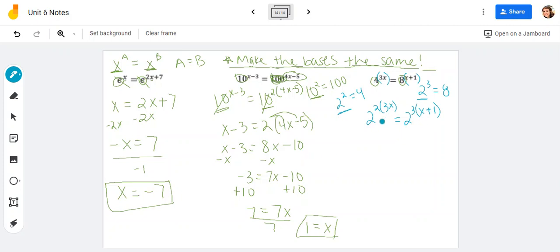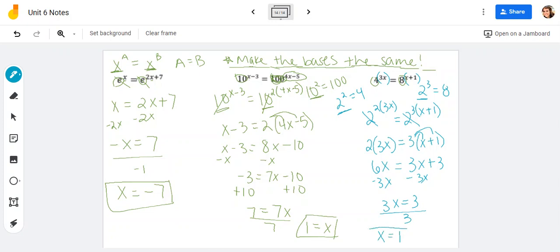So even though we had to rewrite both bases, now they're both 2, so we can cancel, and we get that 2 times 3x equals 3 times x plus 1. Now we just need to do some algebra, distribute this right side, and we get 3x equals 3. Dividing by 3, again, we happen to get x equals 1. Great job!